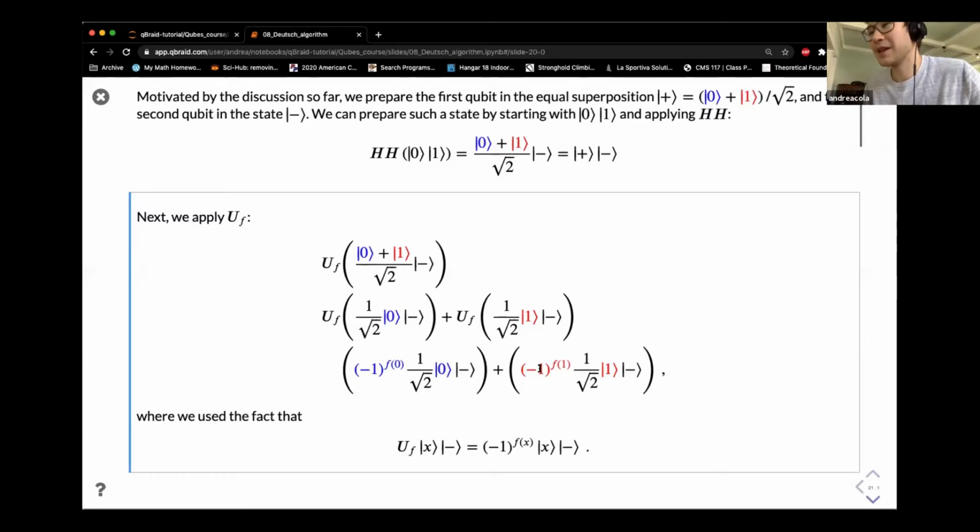Whereas the second term gives us ket 1, ket minus, but with a different phase at the front, which is -1 to the f of 1. Now, crucially, because we started with the first qubit in superposition, these phases that we're getting are no longer global. They're relative. Each of the two terms from this decomposition has its own phase, -1 to the f of 0, -1 to the f of 1.